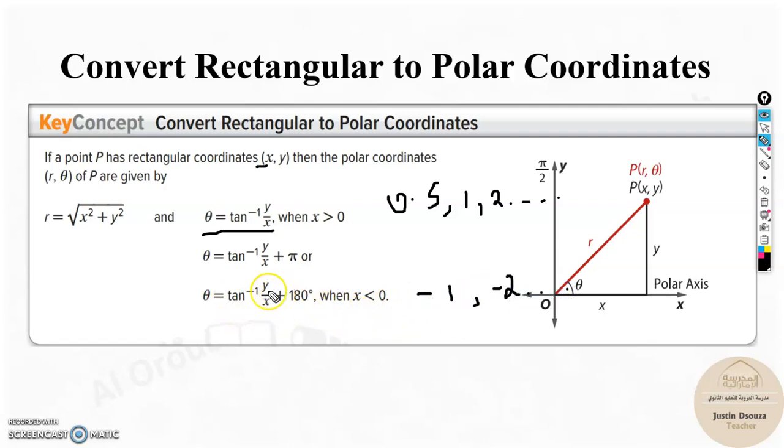Then you need to use tan inverse y by x plus 180 degrees, okay? Or pi means 180 degrees. This is very important. Now let's see a few problems. Remember these two formulas, but remember theta has two formulas based on the x value. It is very, very simple.